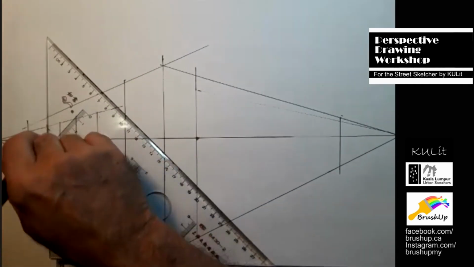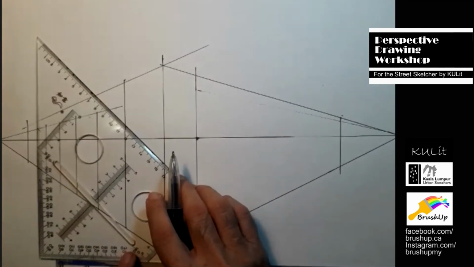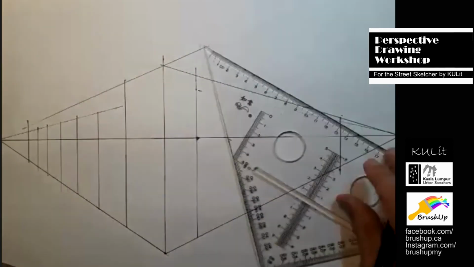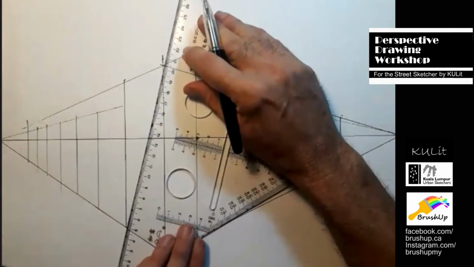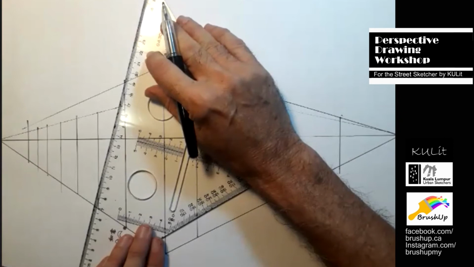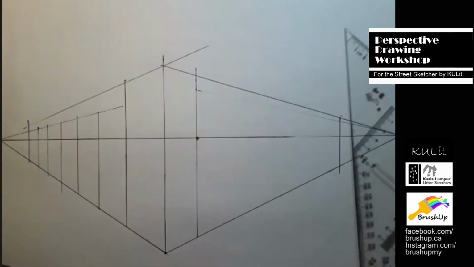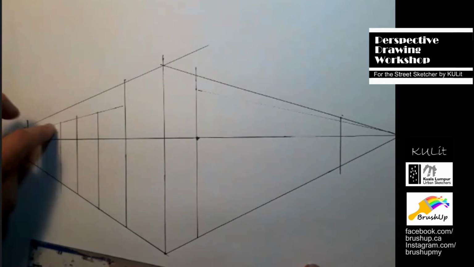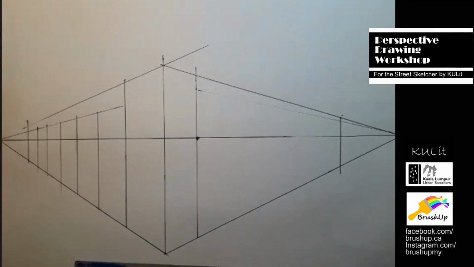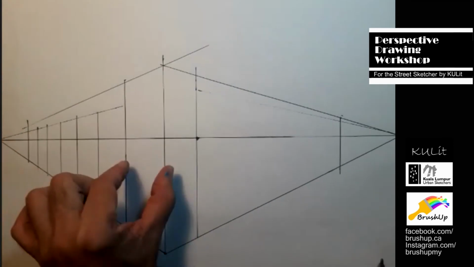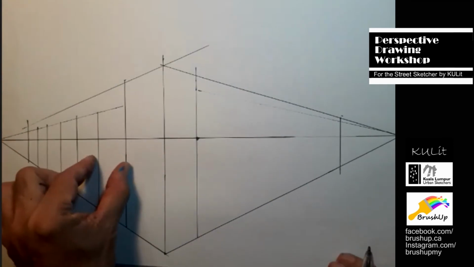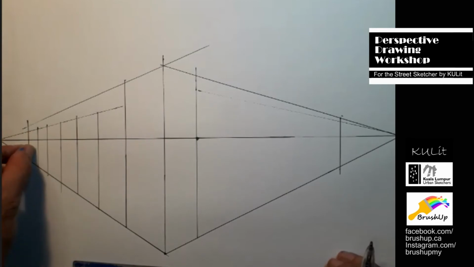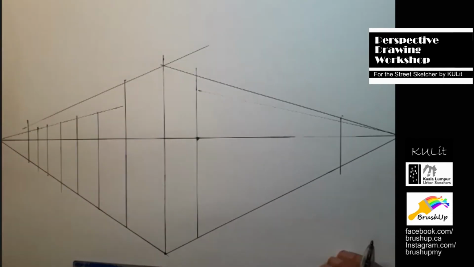I'm visually reducing the proportion of all these things, but if you want to do an accurate one, this is how you do it. I've got the different blocks of buildings already done. You notice that the width gets smaller and smaller as you go to the back.